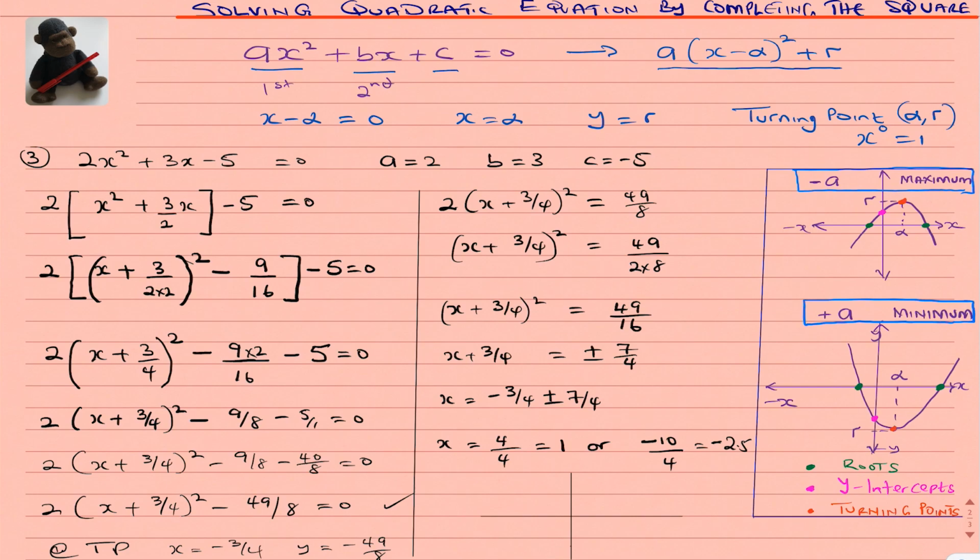So minus 6.125 is somewhere here. It's cutting the axis at C, and C is minus 5, so that's minus 5 here. And minus 2.5 is one of the roots, and 1 is one of the roots.